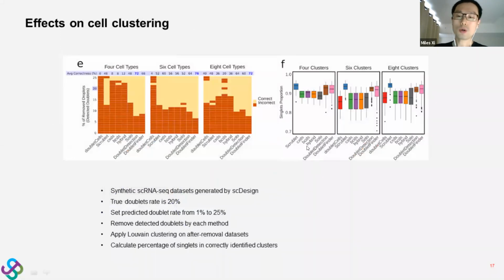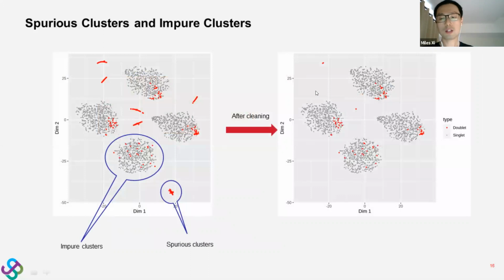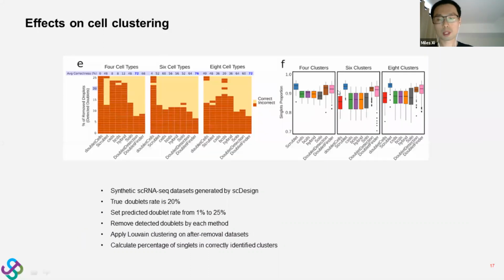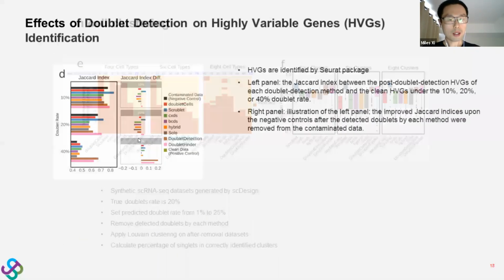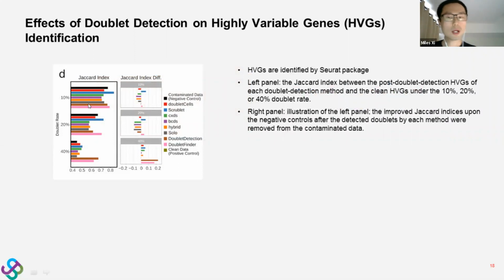It shows you the capacity to remove all those doublets in each correctly identified cluster. So still, DoubletFinder and this method, Doublet Detection, perform better here, but we also found that Scrublet outperforms others here. Even if Scrublet is not very good in the previous comparison, it's actually good at removing doublets in these clusters.